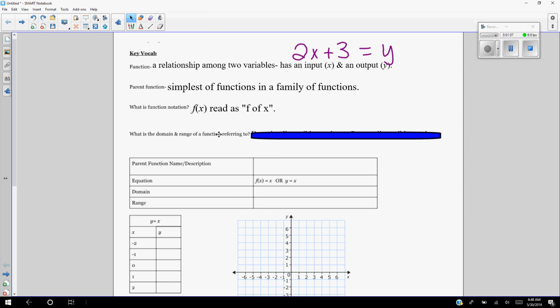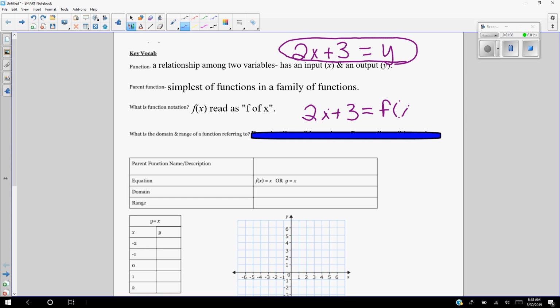Function notation. So this is really important. It's just a different way to write functions that you may not be familiar with. But really, people tend to make these harder than they are. So when we write something in function notation, for example, if we wrote y equals 2x plus 3 in function notation, it's going to be the exact same way: 2x plus 3.